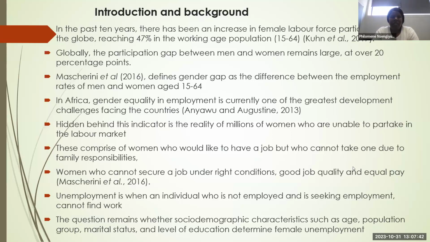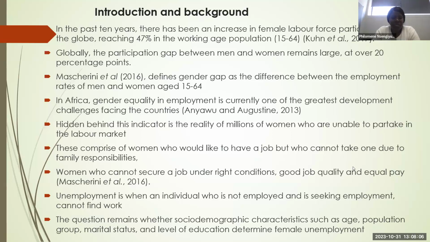Unemployment is defined as when an individual who is not employed and is seeking employment cannot find work. This is how you define unemployment: the person is not employed, is seeking employment, but cannot find it.